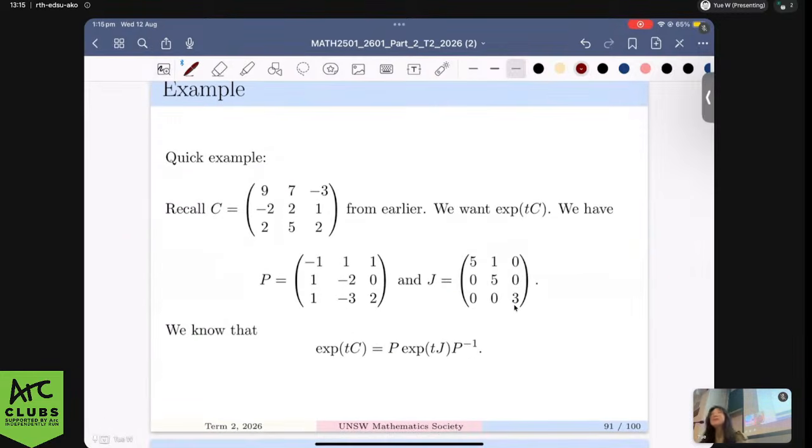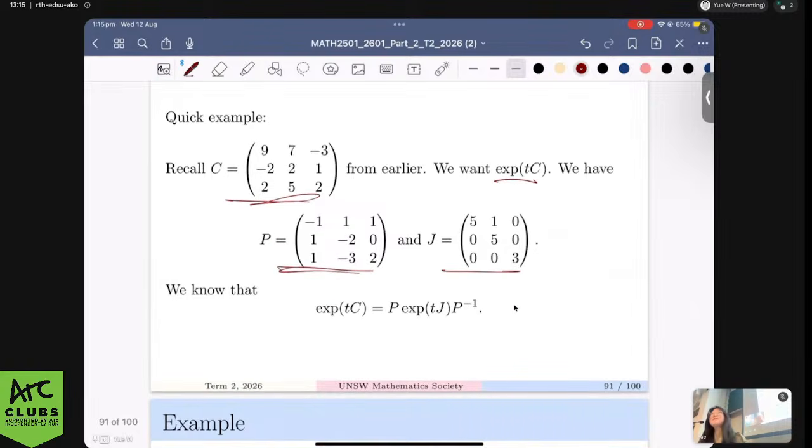So here's another quick example. If we recall this from earlier, we want to compute the exponential of tC. So we have some matrix P of this form and J of this form here, and we know that if we apply our exponential to tC, we only really apply that to the thing in the middle.